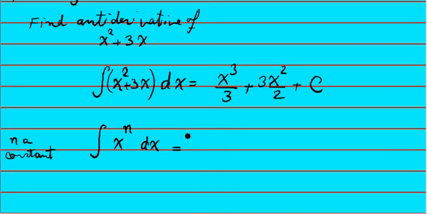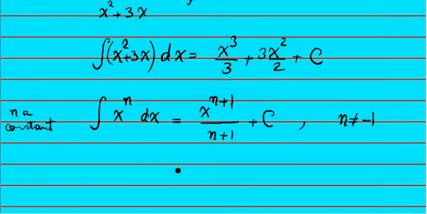Well, we know what the rule is, just as what happened here. We have to increase the exponent by 1, divide by the new exponent, and add a constant. We remember that this is not going to work if the exponent is minus 1, so we put a restriction on it. What if n was equal to minus 1?